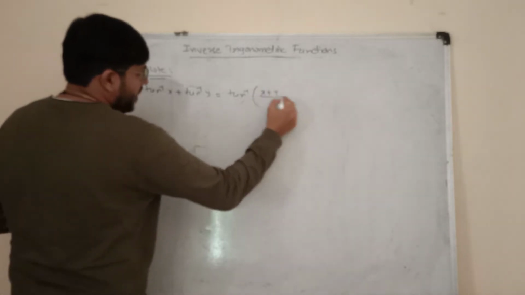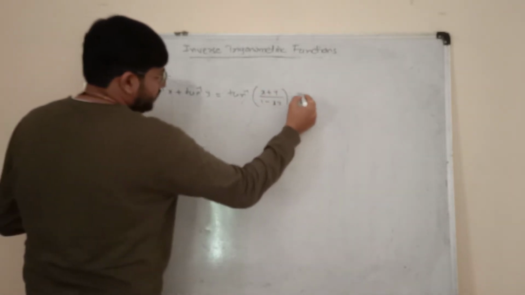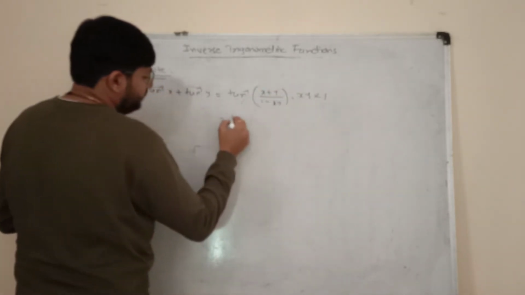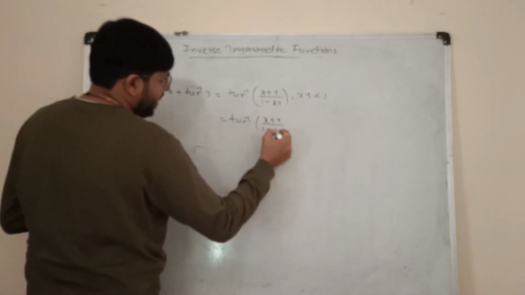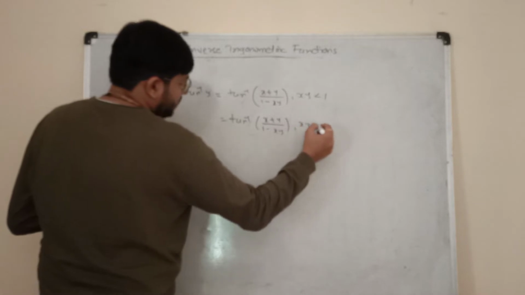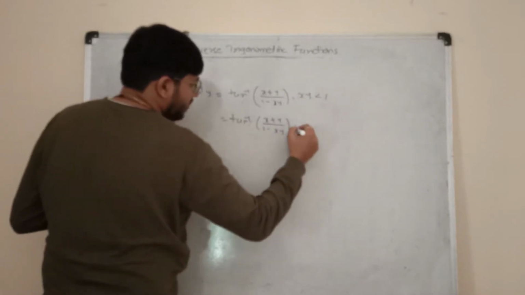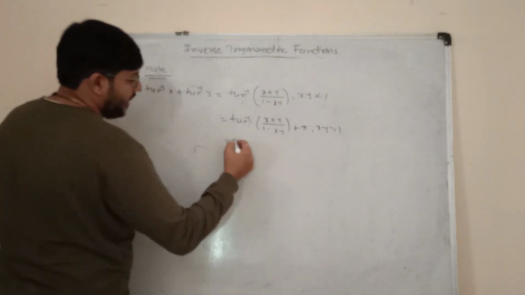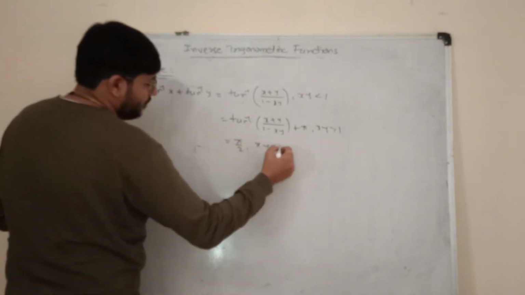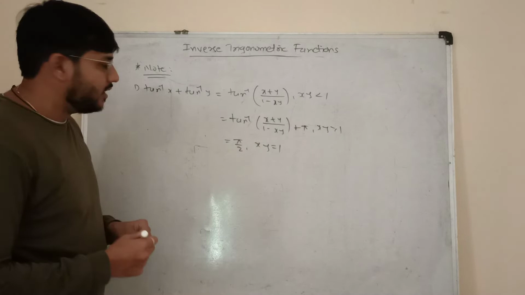It's tan inverse of x plus y upon 1 minus xy for xy less than 1. It's tan inverse of x plus y upon 1 minus xy, plus pi, for xy greater than 1, and pi by 2 for xy equals 1, right?